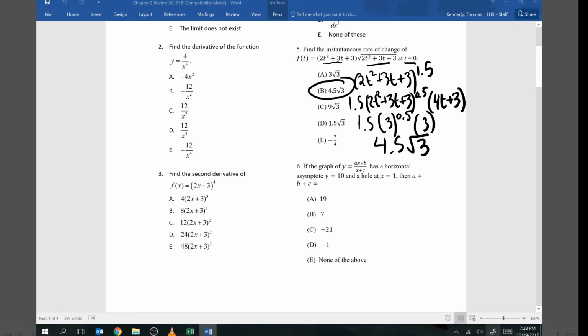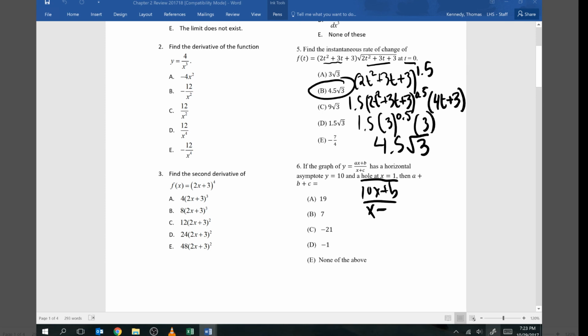Alright, I'm going to do 6 immediately after, and then I'll go back and look to see if I've actually answered people's questions. In 6, I have a horizontal asymptote, y equals 10. That immediately tells me a is 10. So I know it's 10x plus b over x, and then I'm going to look at the next bit. It tells me there's a hole at x equals 1. For there to be a hole, I need to have x minus 1 over x minus 1.